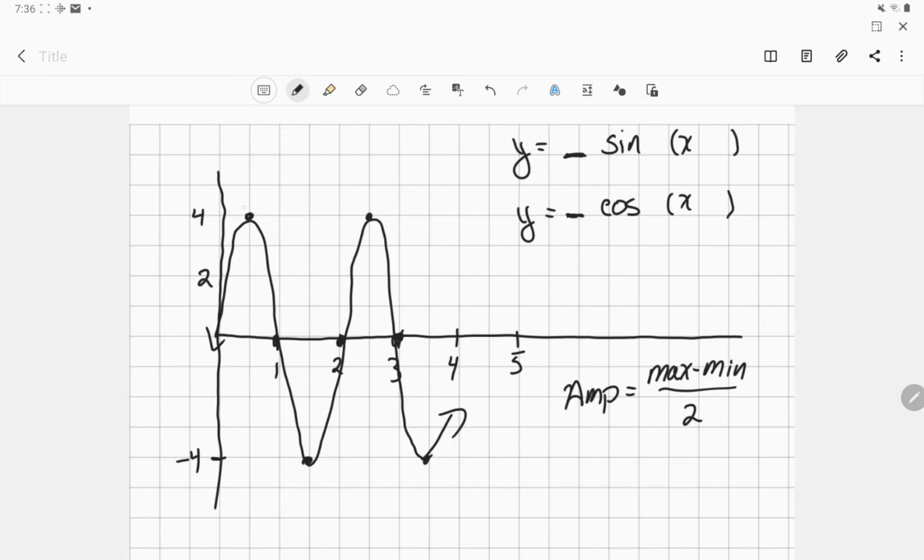So if I look, my maximum is 4, my minimum is -4. So it would be 4 minus -4 over 2, which would be 8 over 2, which would be 4. So my amplitude is 4. And it doesn't matter whether that is a sine wave or a cos wave, it is 4 regardless. Sorry, I have a dog sticking his nose in my work here. All right.